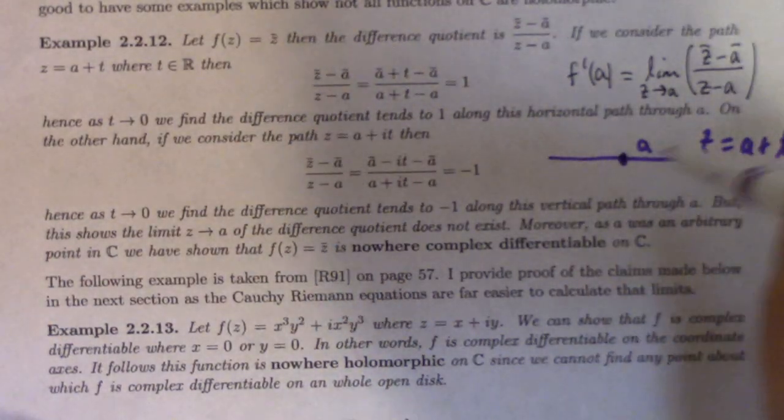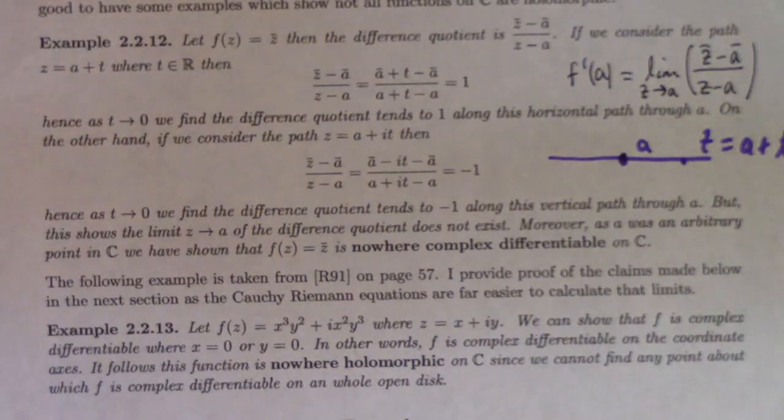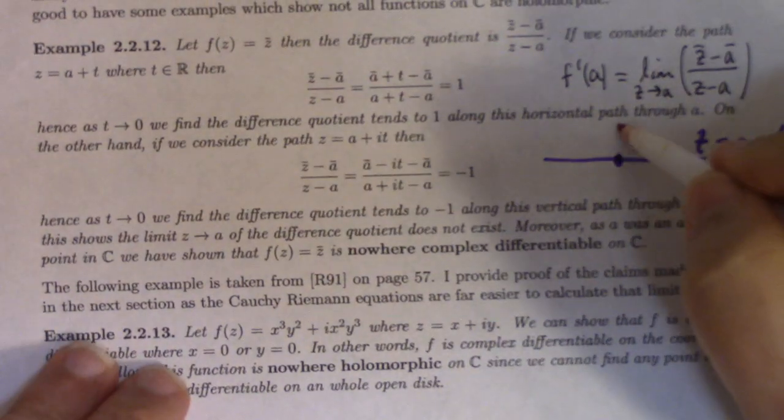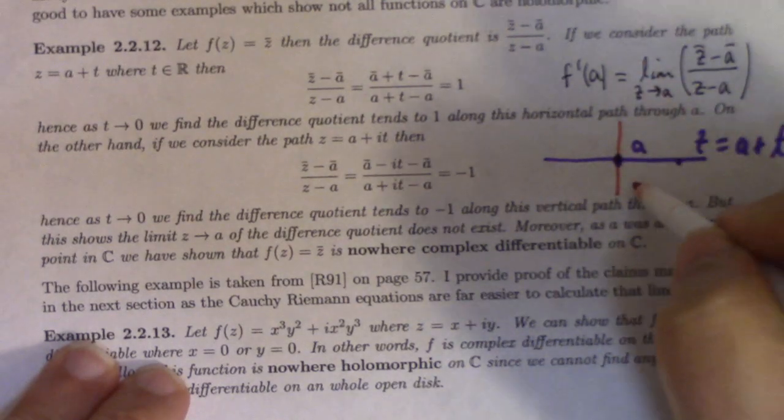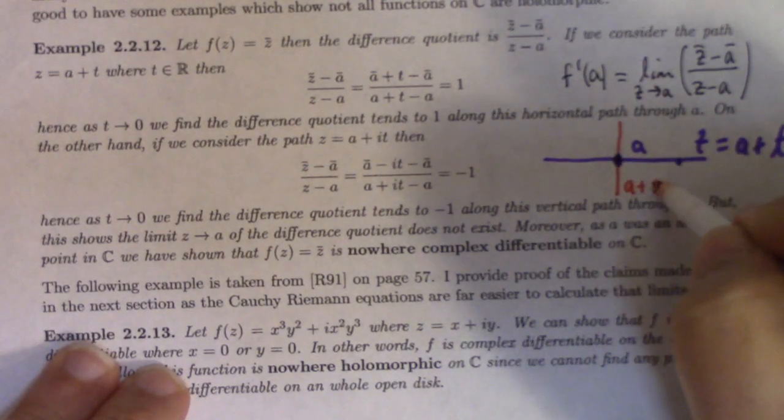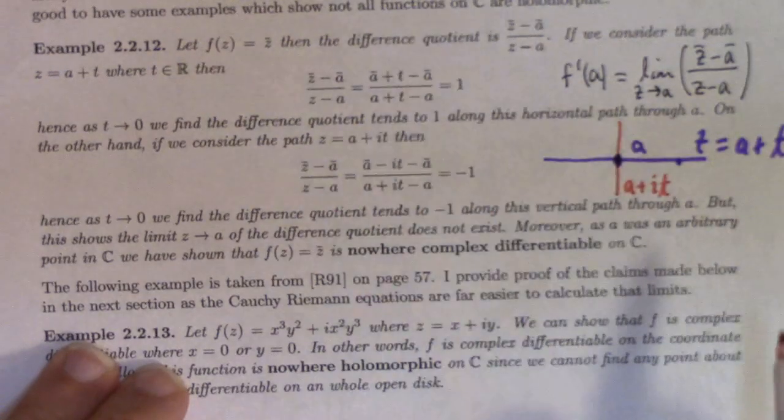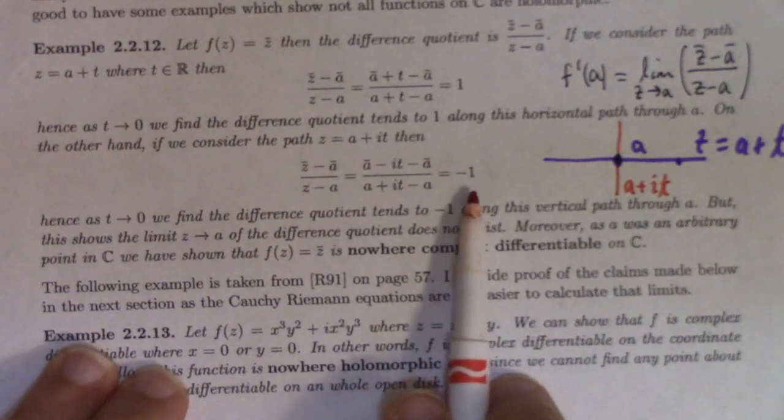If you evaluate the difference quotient on that purple line, you get 1. But if you evaluate the difference quotient on this vertical line, which has parameterization a plus it, on that red line you get minus 1.